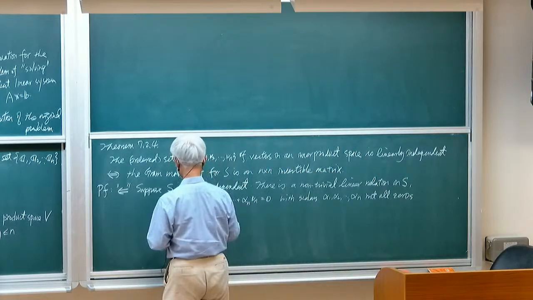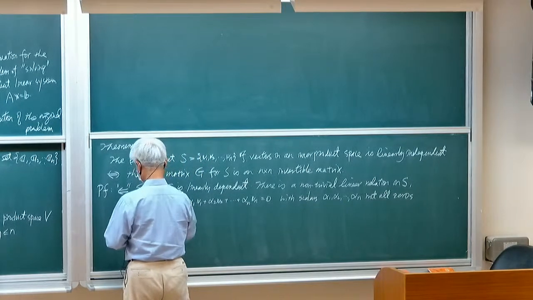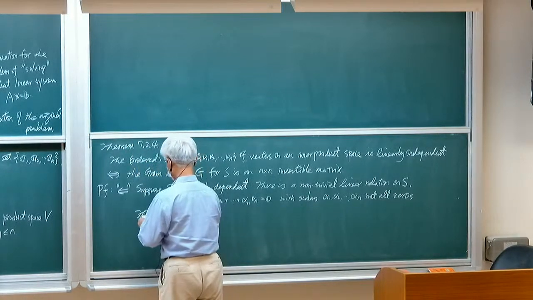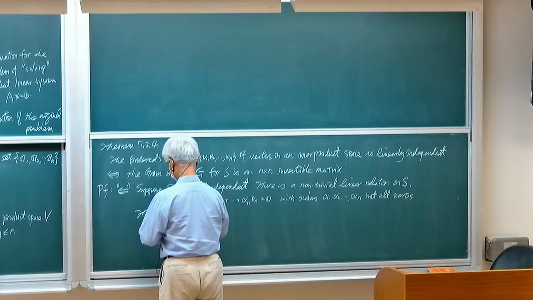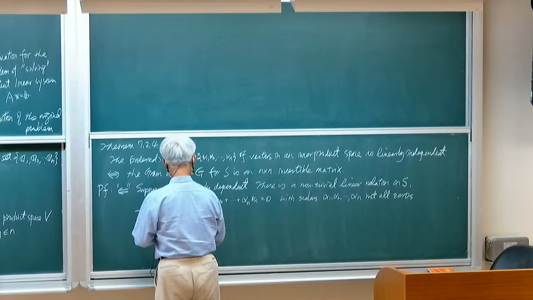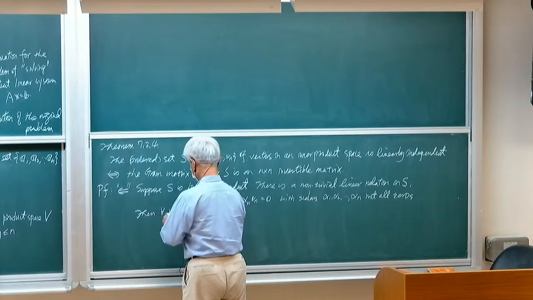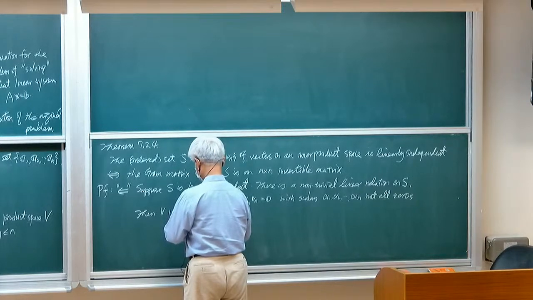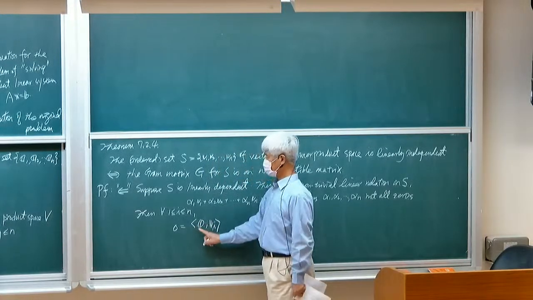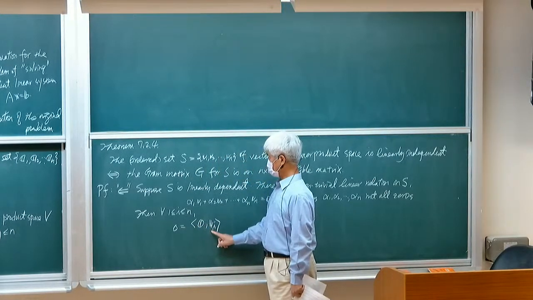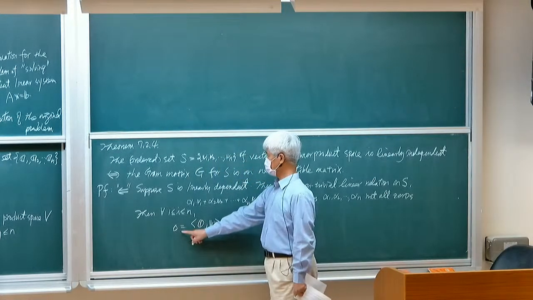Now, for all i from 1 to n, if we take the inner product of the zero vector with Vi, it's 0.